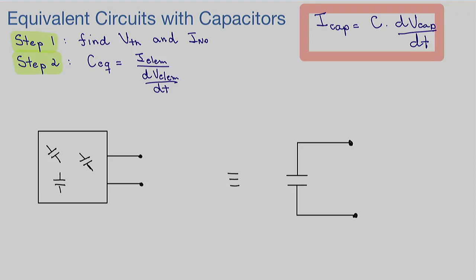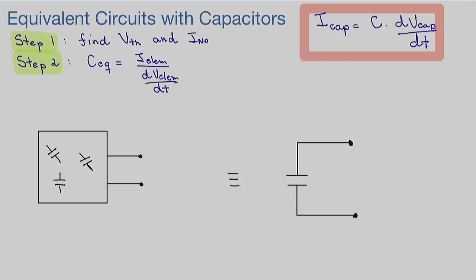Very good. And we had this whole methodology which we are going to apply to capacitors too. So if I have a box that is full of capacitor circuits, only capacitors, it doesn't matter how they're connected. That's why I didn't connect them. I just put a mixed bag of capacitors that form that circuit. We always have two nodes or two leads where you can apply our I-test, V-test.